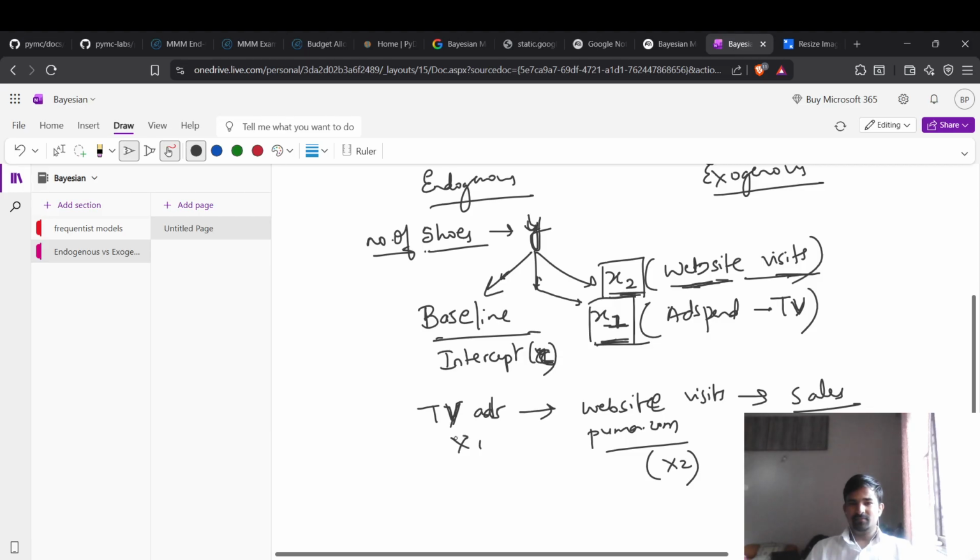Now these both are related, which you are trying to include in your model. So this is not an ideal or optimal solution, because the variable x2, website visit, is also affecting your x1 and vice versa, and it's an intermediate result.